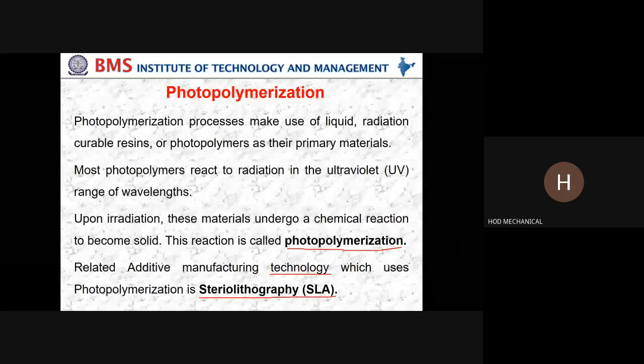By using the technology called stereolithography. Are you understanding the difference here? Photopolymerization is the process, and in order to execute this process, the technology you are going to use is called stereolithography.